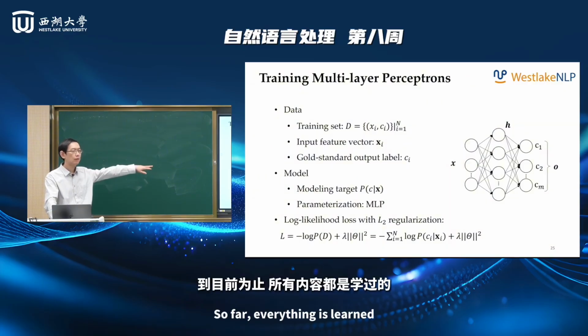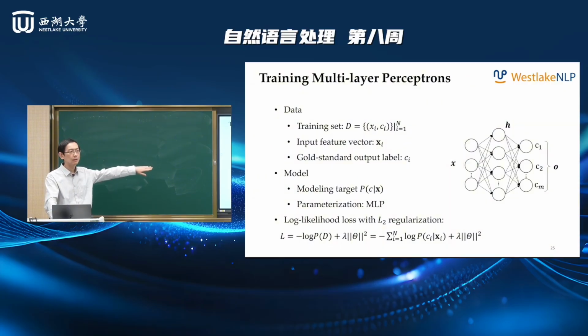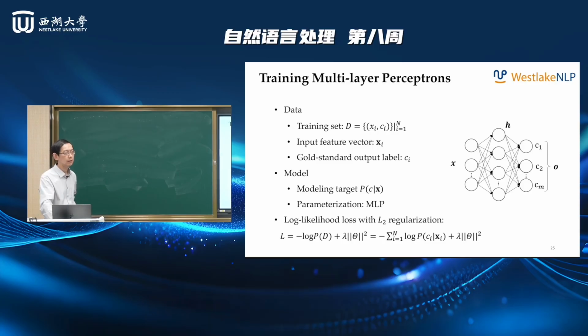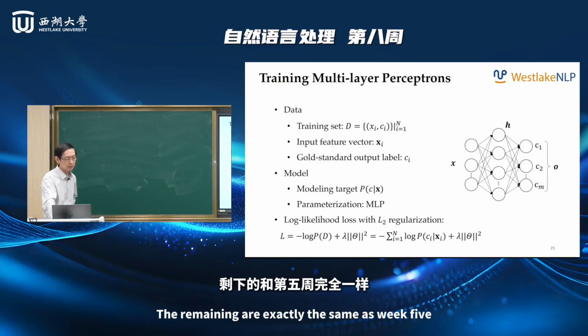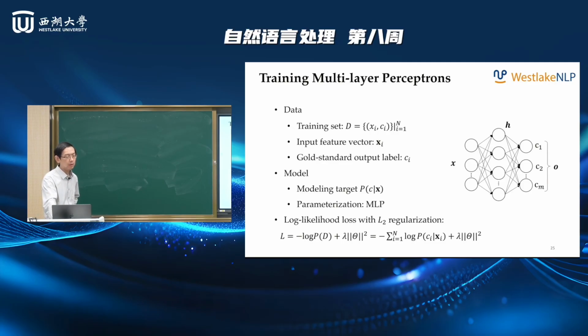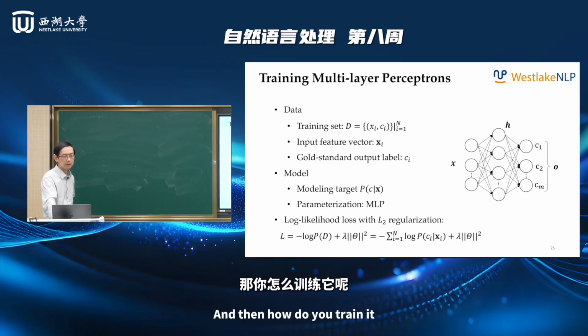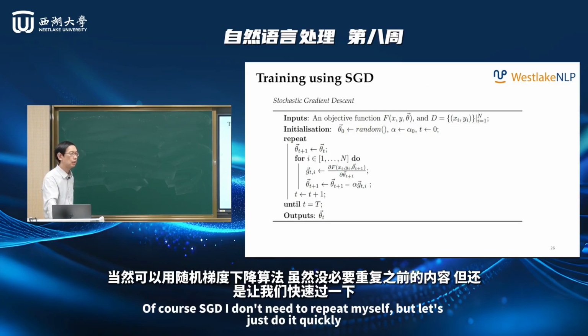All right, so far, everything is learned. Only the parameterization is different. Only that the model is something on the right. The remaining are exactly the same as week 5. So given a set of data and a training objective, you have the data log likelihood, and then how do you train it? Of course, SGD. I don't need to repeat myself, but let's just do it quickly.